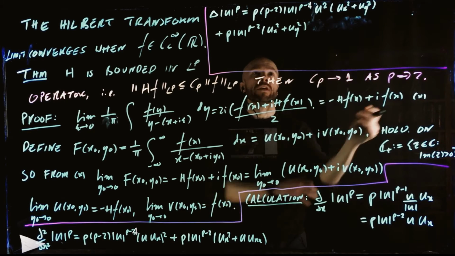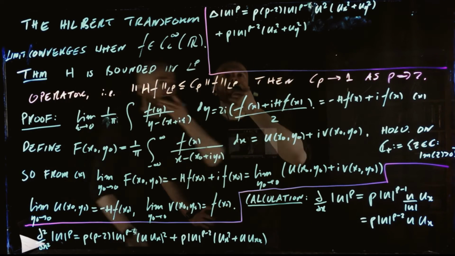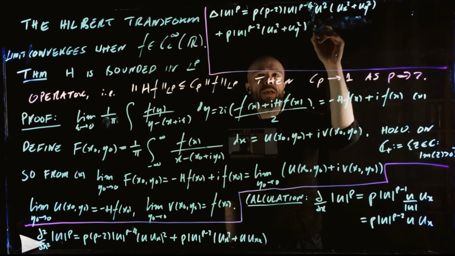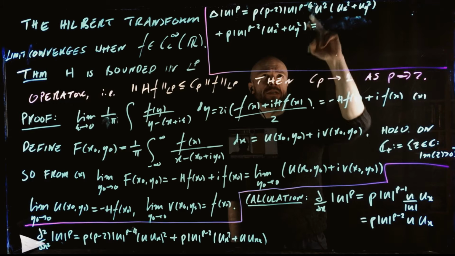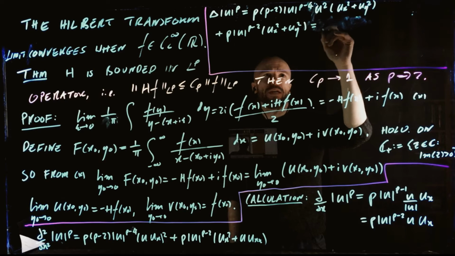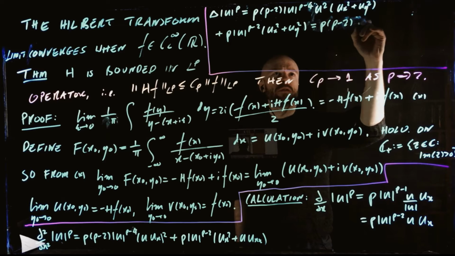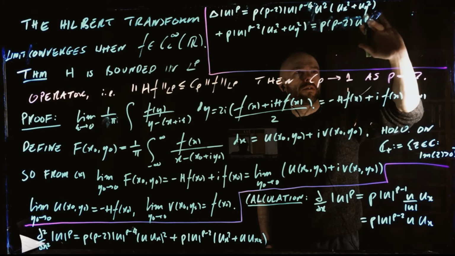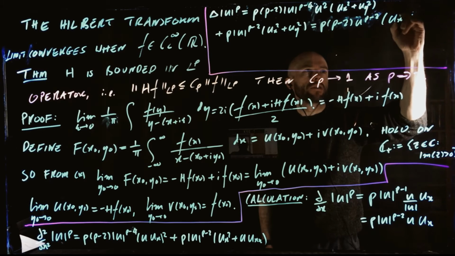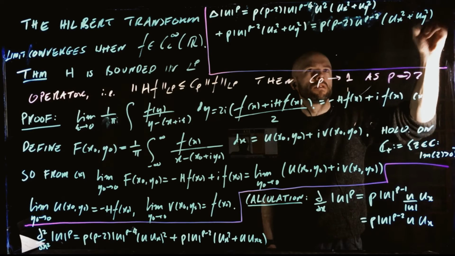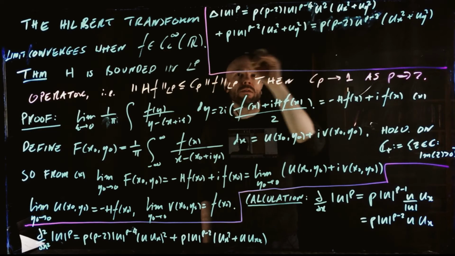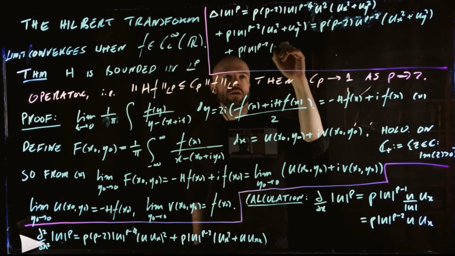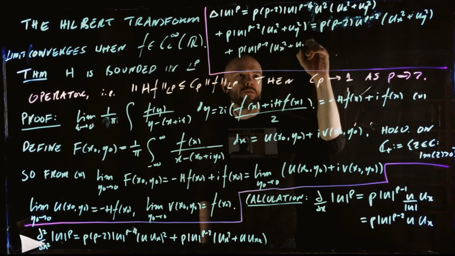And then we have this expression here. And then we are in a position to put this all under the same kind of powers, because this thing now becomes p minus 2, right? So let's write this p minus 2, u to the p minus 2. Better. And u of x squared plus u of y squared. And then this term right here plus p u to the p minus 2 of u of x squared plus u of y squared.